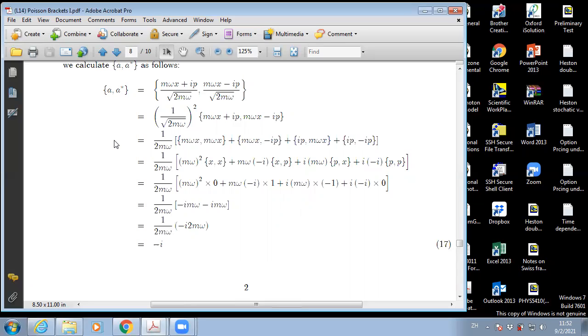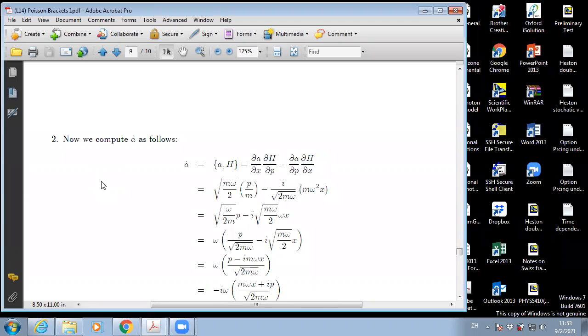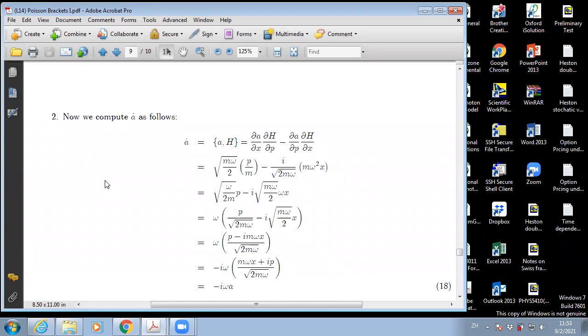A corresponds to the so-called lowering operator, A star corresponds to the raising operator, and they obey a very simple quantum commutation relation like this. All right. So as I said before, the arithmetic of Poisson brackets is very similar to the arithmetic of quantum commutators. All right.